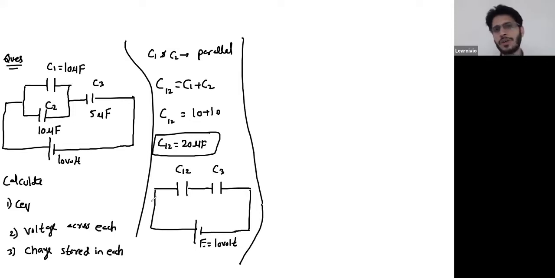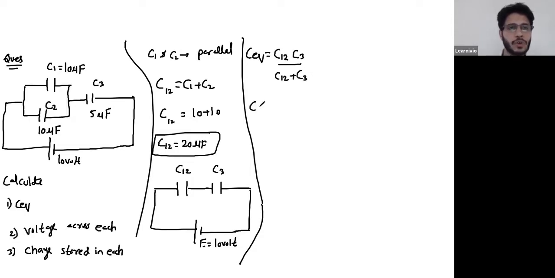Now this C12 and C3 are connected in series. So equivalent capacitance, we can use C12 C3 over C12 plus C3. So C equivalent is C12 which is 20 multiplied by C3 which is 5, divided by C12 plus C3 which is 20 plus 5.